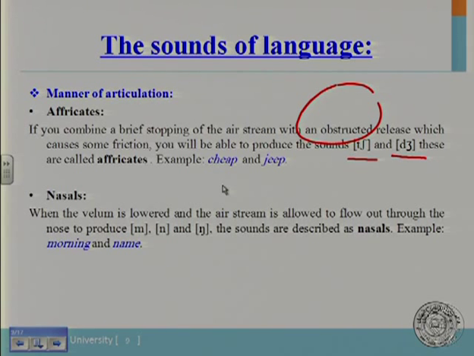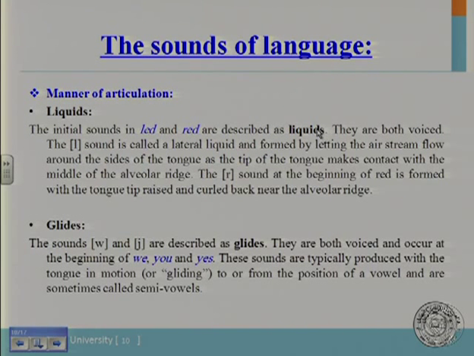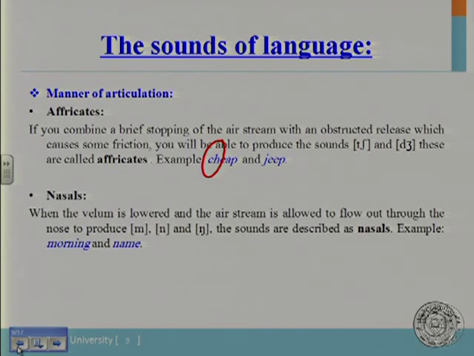Now we have two examples of these two sounds. We have ch. This is the first example: cheap, ch.